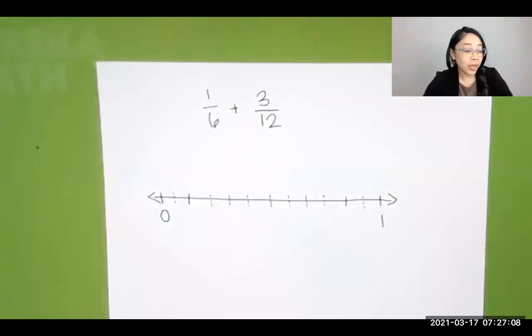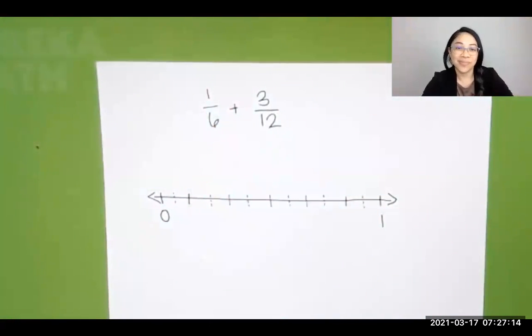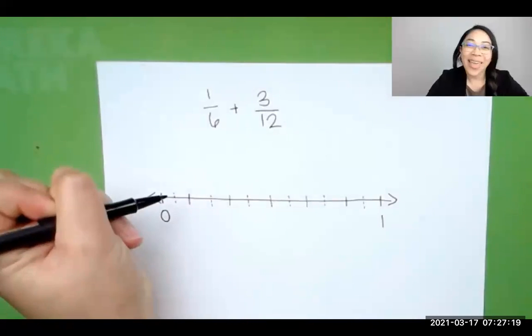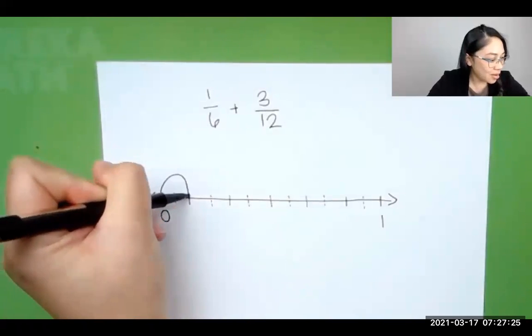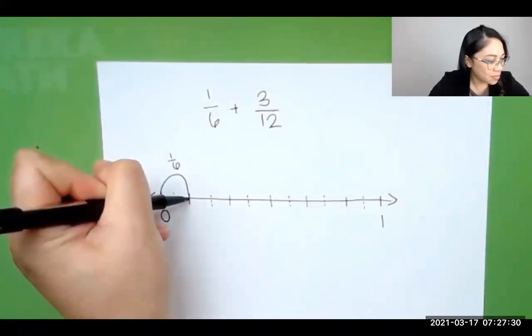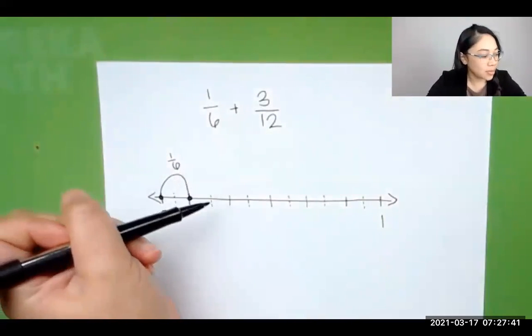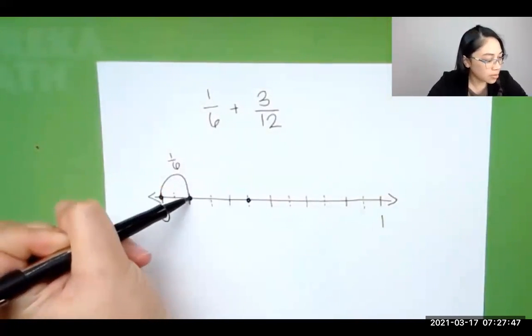Next, we'll show the addition of 1/6 and 3/12ths. Let's start at 0 and hop to 1/6. Ready? Hop. Next, let's hop to show the addition of 3/12ths. 1/12, 2/12, 3/12.